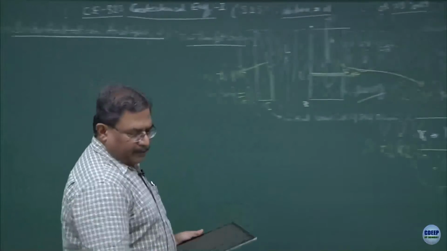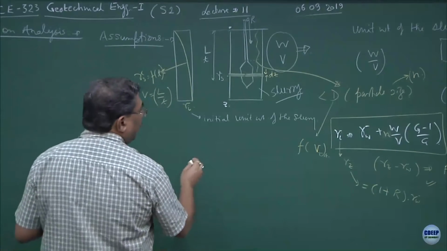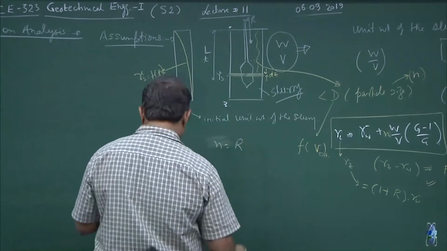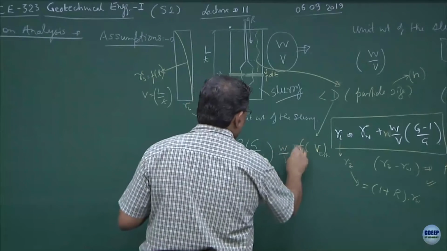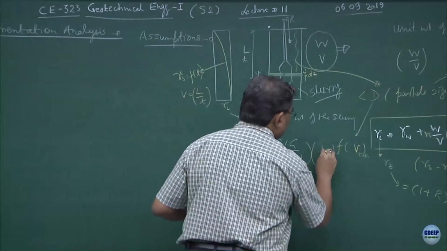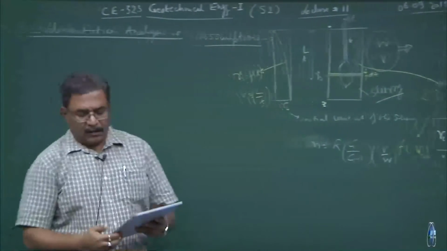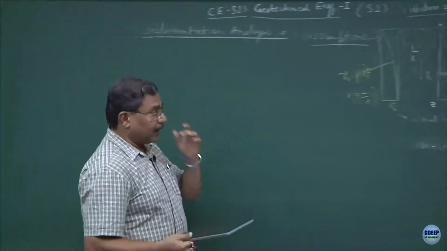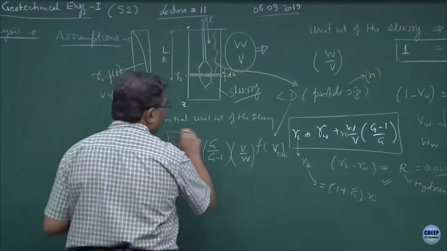I can prove from here that N equal to R times G over G minus 1 into W upon V. Oh, sorry, this will be V upon W. Spend half an hour whenever you get time, try to prove all these functions and see whether you can derive this or not.